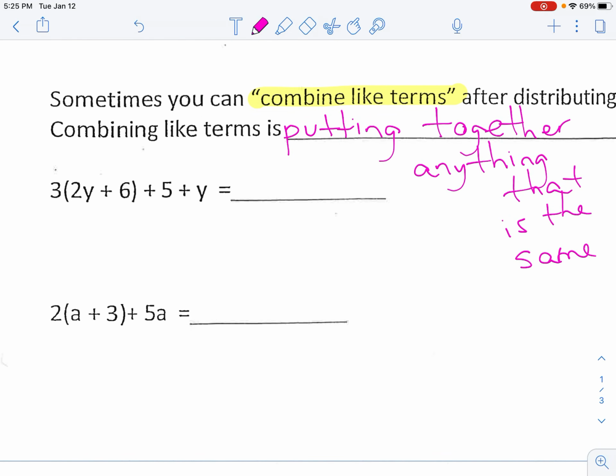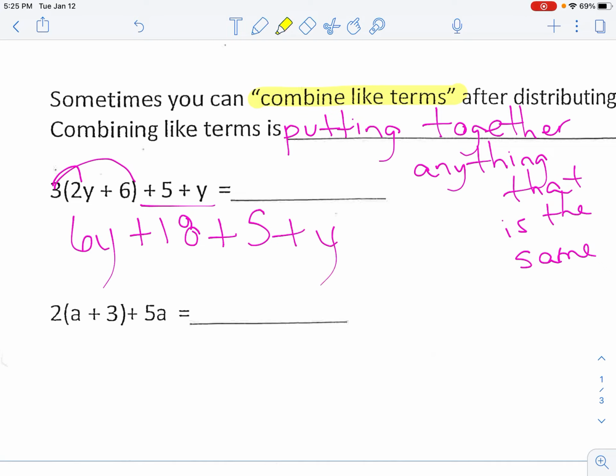We're going to distribute. So this first problem is read 3 times 2y plus 6 plus 5 plus y. So I'm going to multiply 3 times 2y, that's 6y. I'm going to multiply 3 times 6, that's 18. And I have to include this plus 5 plus y down here. Now I'm looking for things that look alike.